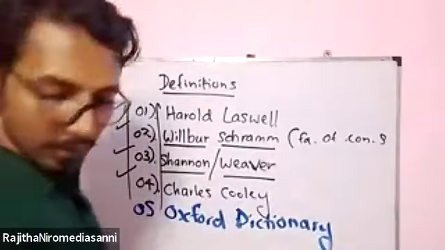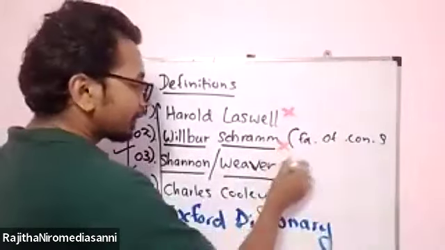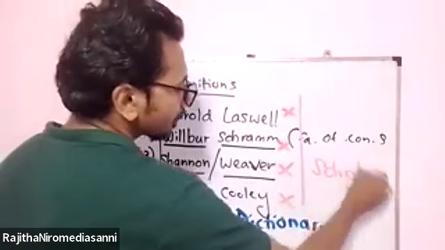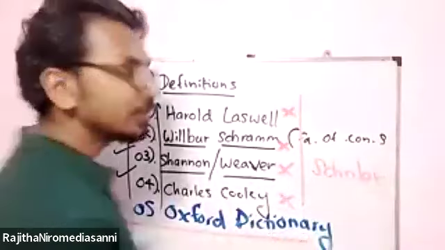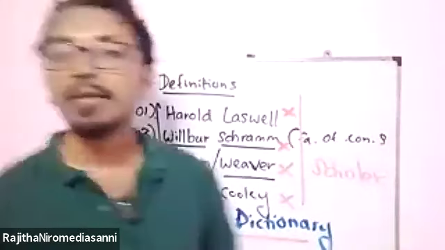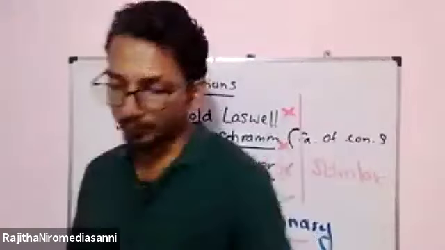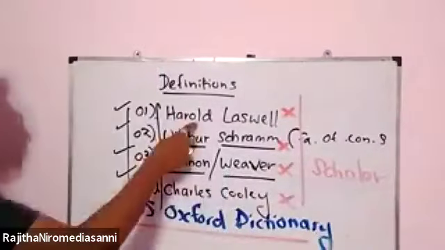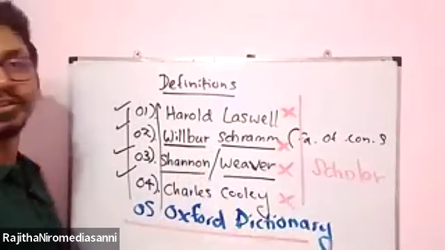So these four definitions are scholar-based definitions, and there is only one dictionary-based definition. Please note that down. Harold Lasswell, Wilbur Schramm, Shannon and Weaver, Charles Cooley, and the Oxford Dictionary.